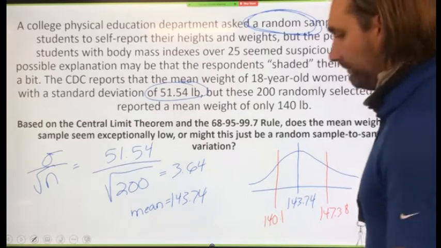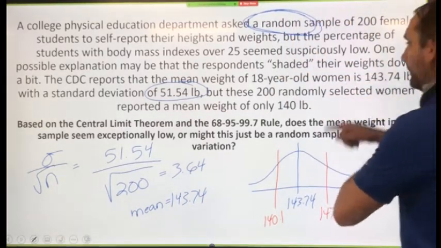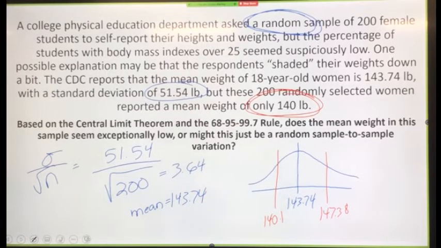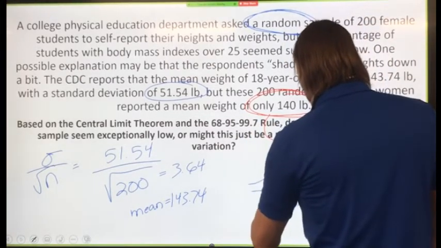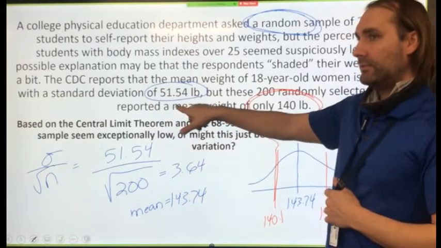So tell me, is this sample of 140 pounds exceptionally low? Or is it pretty close to what we kind of expect? Yeah, it's pretty close, right? It actually fits somewhere around here. So it's within one standard deviation of our population standard deviation. So it's fine.